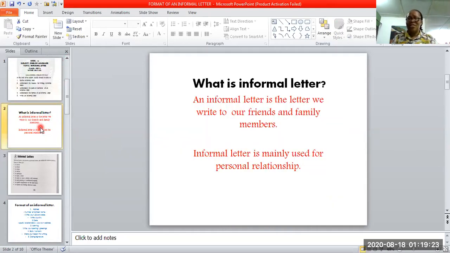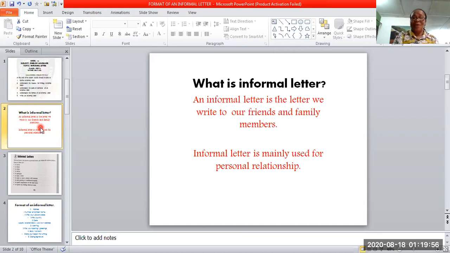We have been able to understand that informal letters are letters we write to our friends and family members. We write informal letters mainly for personal relationship. It is mainly used for the relationship between you and your friends, you and your family members, or you and your loved ones.